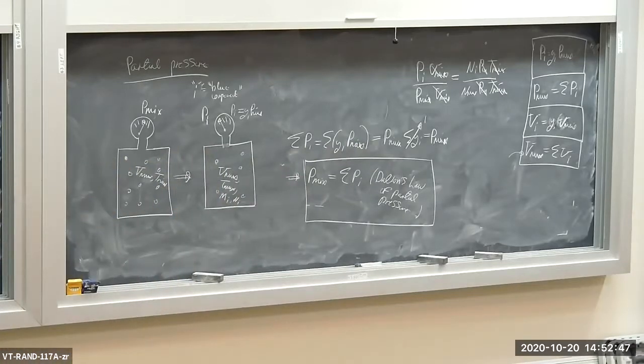The sum of V sub i is equal to V mix, and this is called Amagat's law of partial volumes. You just do it by summing up the partial volumes, and that's what you get.